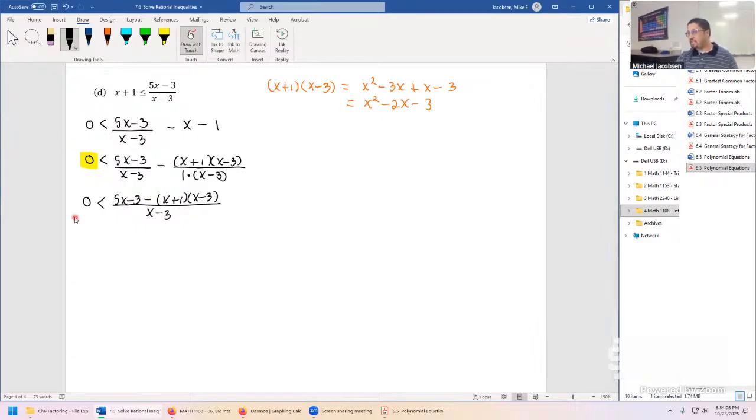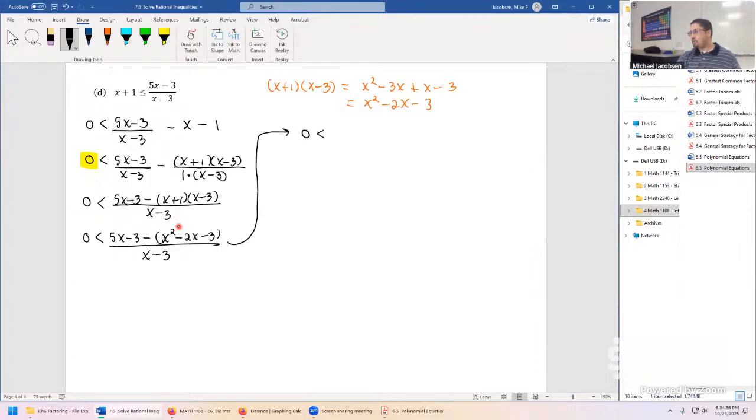So 0 is less than 5x minus 3 minus, FOILing all this out gave us this result. Let's copy it in. X squared minus 2x minus 3 over x minus 3. It's still not quite there. We need to distribute the negative sign into the group. Let me move this up and over so we're not running out of all of our vertical space.